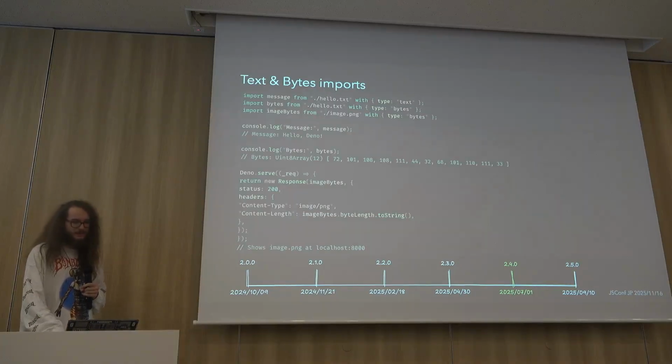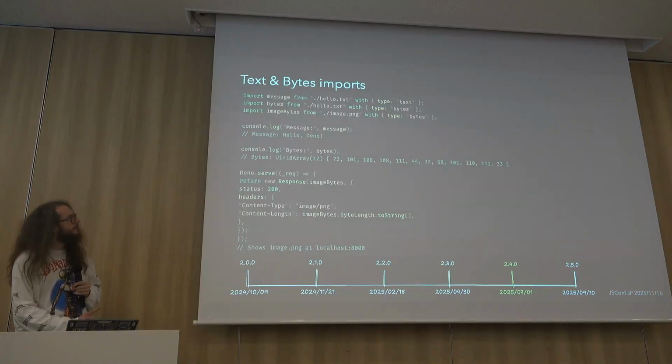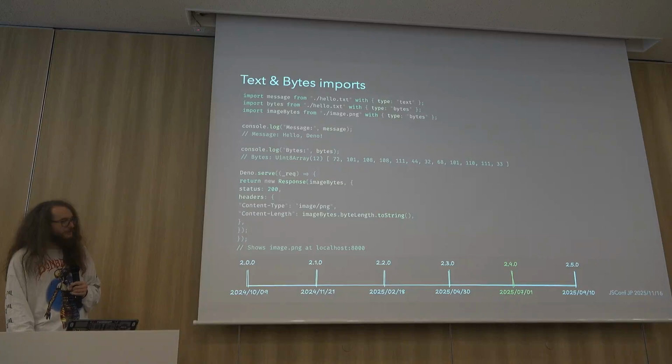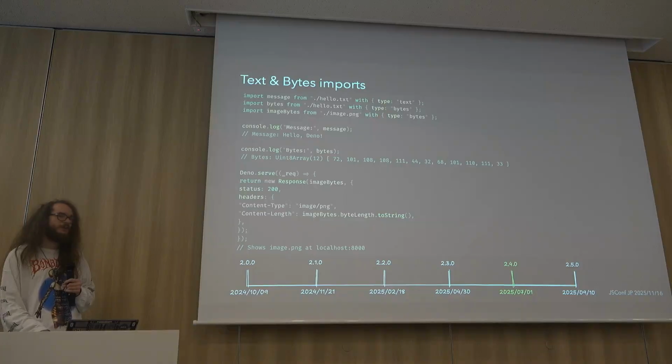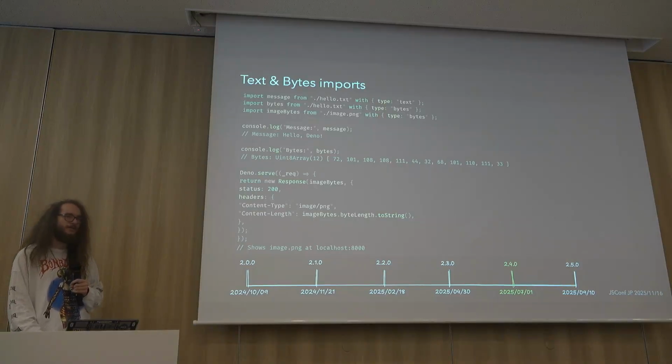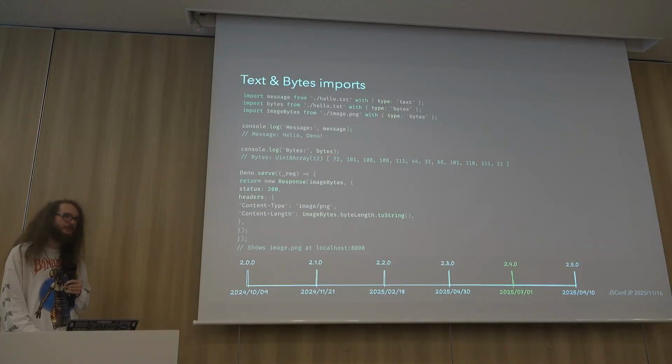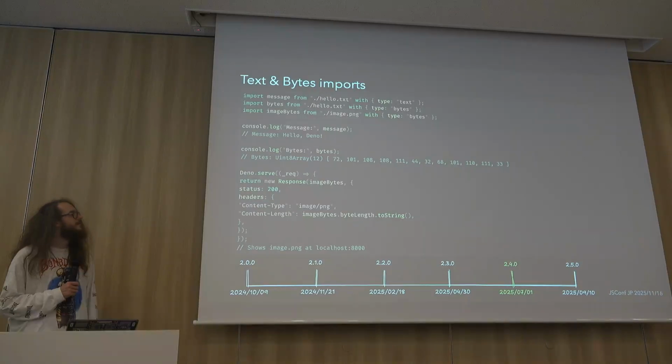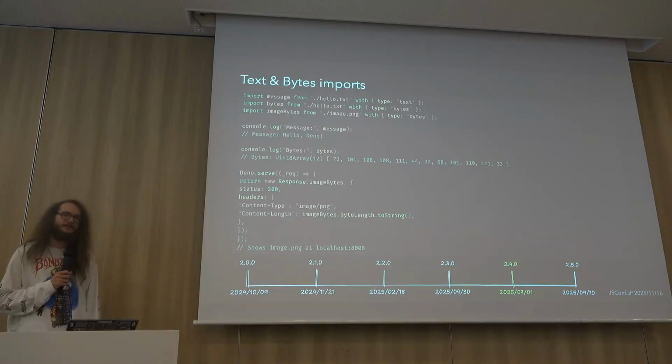Now there is an example here, but maybe some of you may know that these are actually not stabilized yet. So text and byte imports are not part of the specification yet. I believe they're stage 3, but they're not actually in it. And this is a conscious decision we made to go ahead of spec.